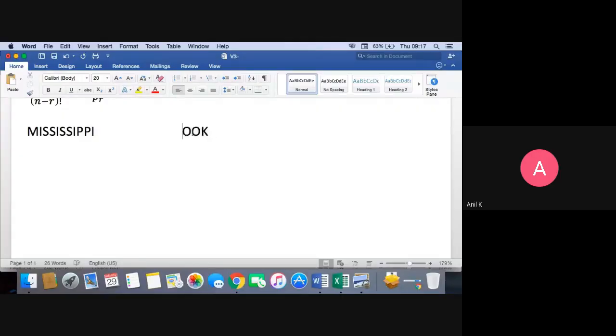So in the second example, if I want to make a four-letter word, how many four-letter words can we make using the letters from the word book? That is the question.